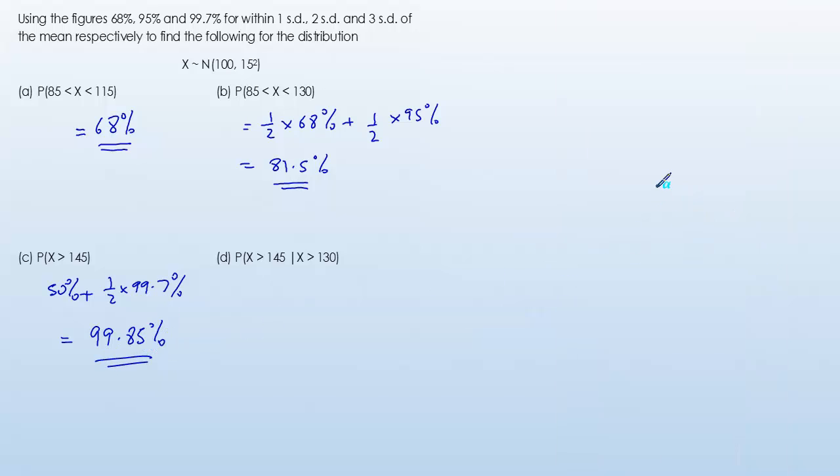Now this isn't the final answer. We were after the probability that is down here, and what I've just worked out is all of this stuff. So if we're given it as a percentage, 100 take away 99.85 gives us 0.15%.